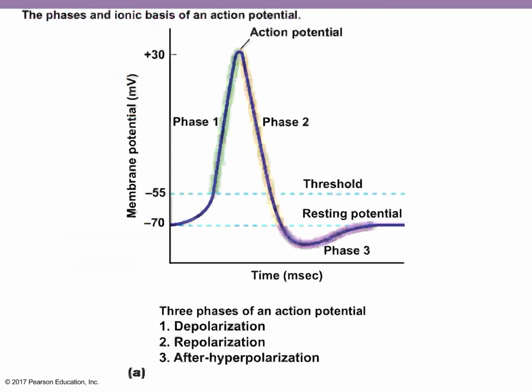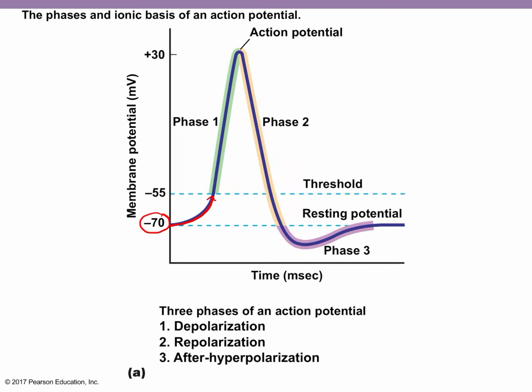So let's just take a look overall at the events that happen during an action potential. Here we are at resting potential at negative 70 millivolts. The first phase is a rapid depolarization. Let's talk about going from negative 70 to negative 55. This is that initial stimulus caused by graded potentials.